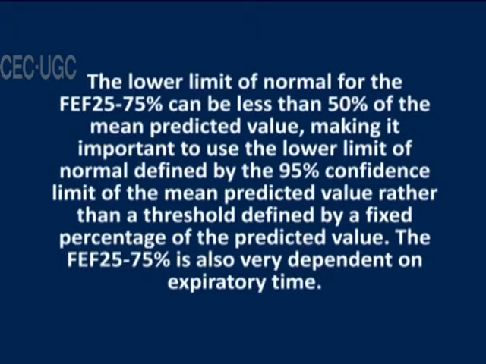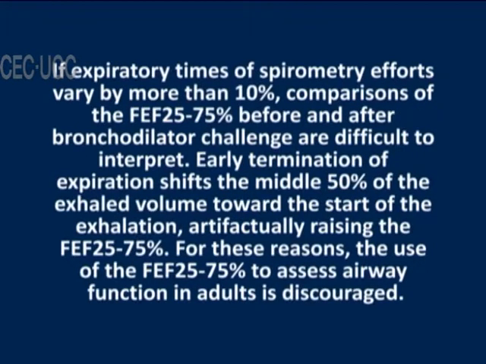The FEF 25 to 75% is also very dependent on expiratory time. If expiratory times of spirometry efforts vary by more than 10%, comparison of the FEF 25 to 75% before and after bronchodilator challenge is difficult to interpret.